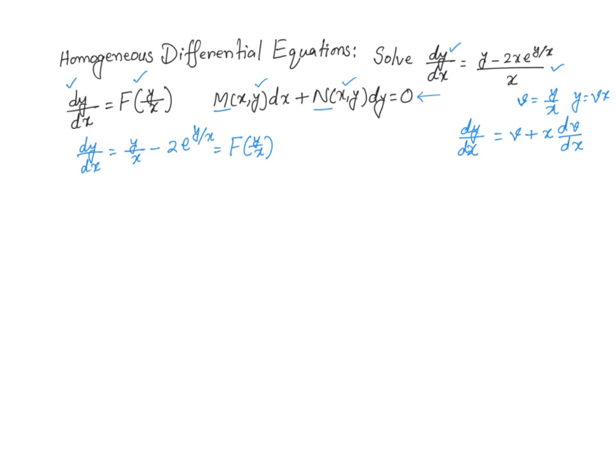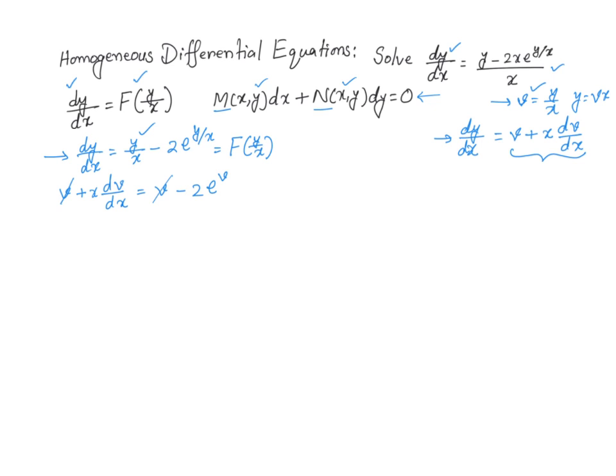Now I will take this value of dy over dx and this value of v and plug it into this equation. If I did that, I will get on the left-hand side dy over dx, which is v plus x times dv over dx, is equal to v, since v is equal to y over x, minus 2 times e to the power v. And this v and v cancel out.